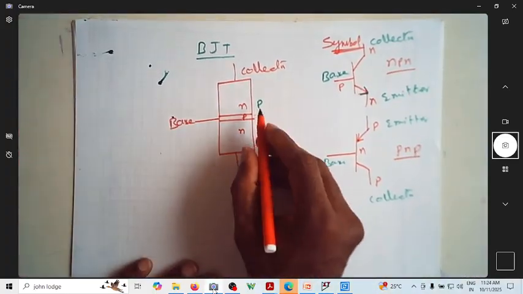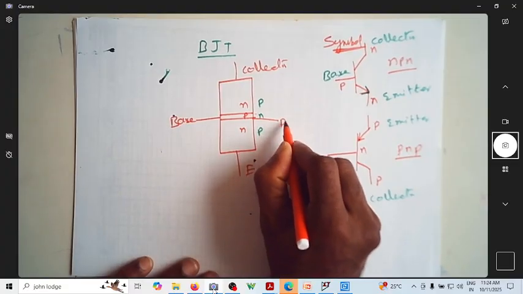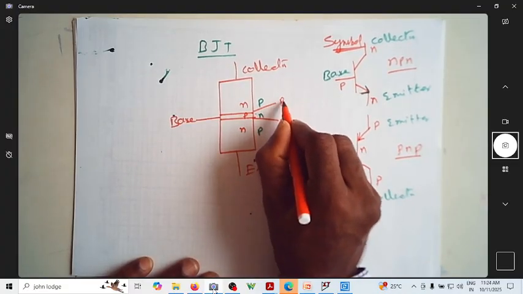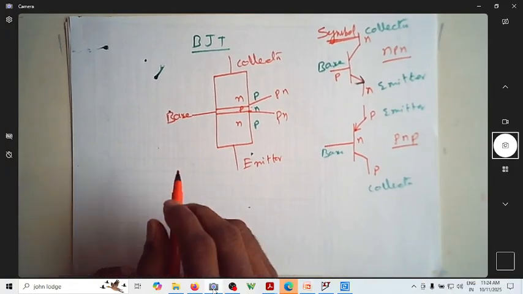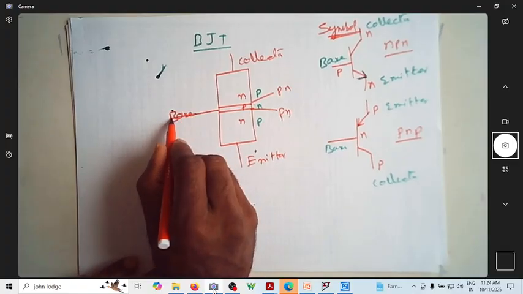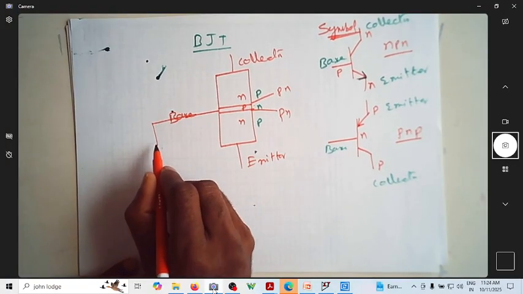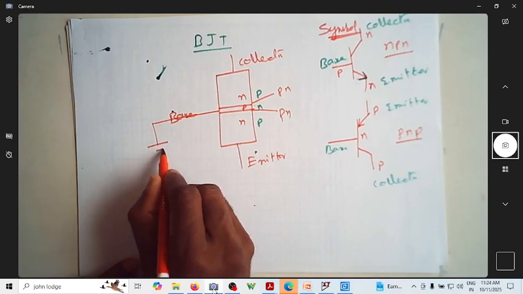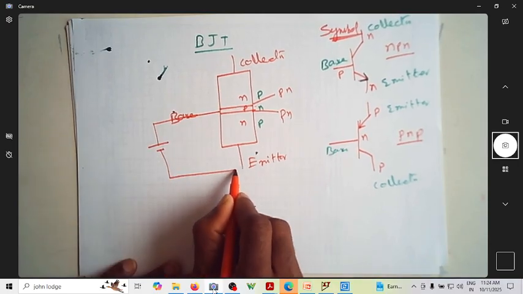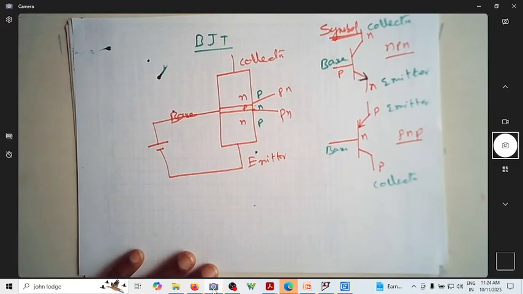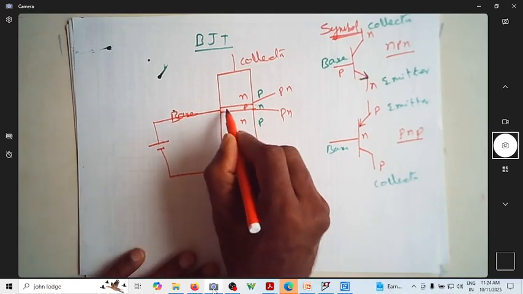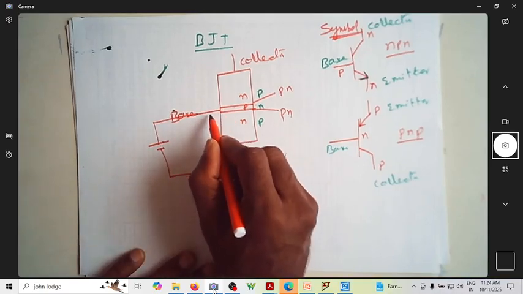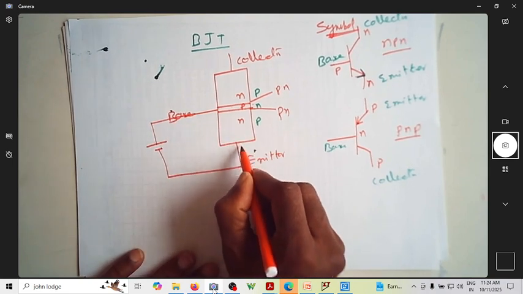So you can see here there is one PN junction, there is another PN junction. So there are two junctions here. Now let us assume that this is forward bias. So what do you mean by forward bias? You have a positive voltage here and you have a negative voltage here. If this is the condition, P is getting positive, N is getting negative.